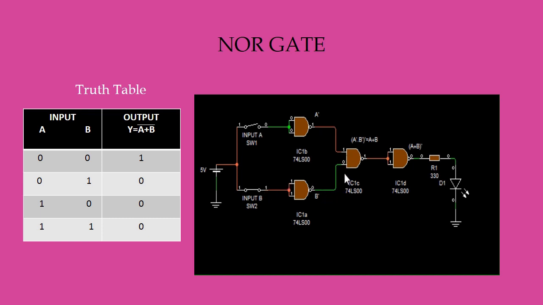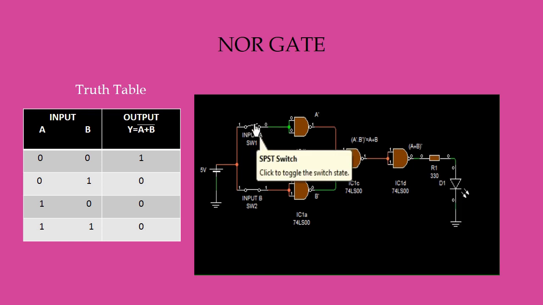So 1 0 means here we get 1. This 1 is passing through this inverter circuit, we get here 0. So 0 is output here, and from here we see the LED is in off condition. So this is the second row of the truth table.